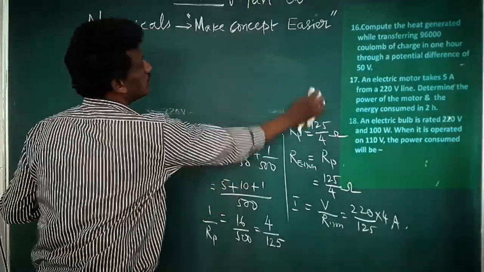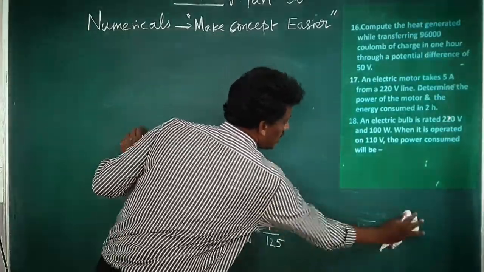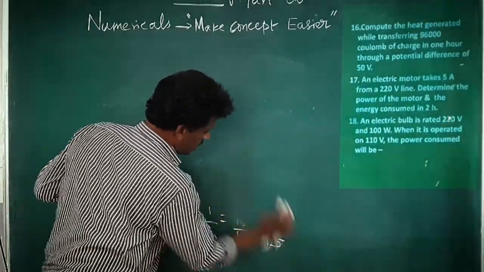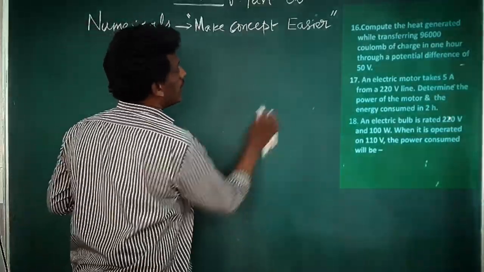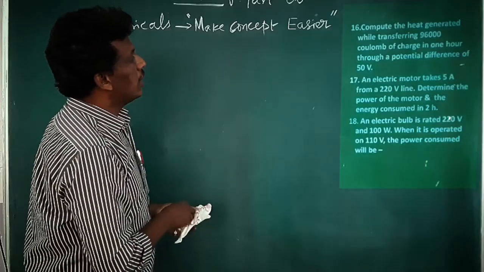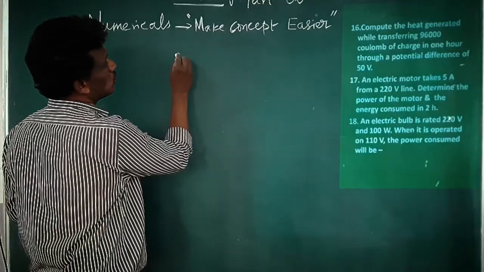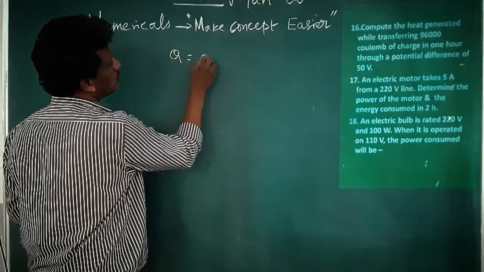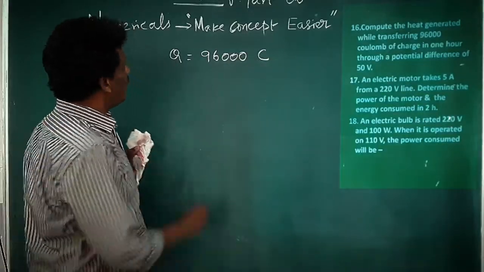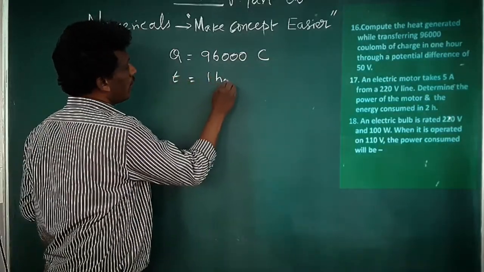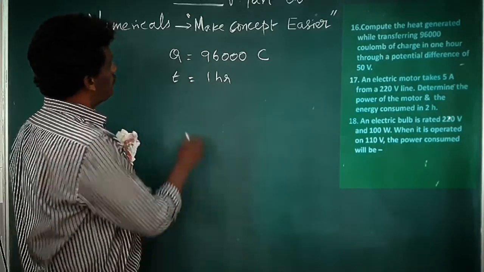Now question number 16. We are going to discuss computing the heat generated while transferring 96,000 coulomb, so Q equal to 96,000 coulomb, in 1 hour, time equal to 1 hour, through a potential difference of 50 volt.